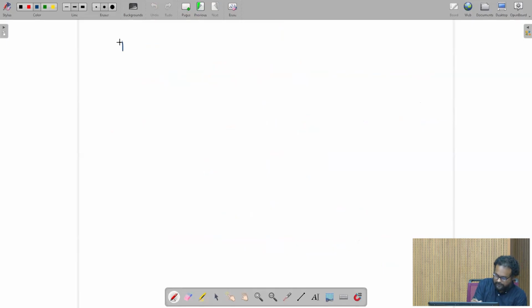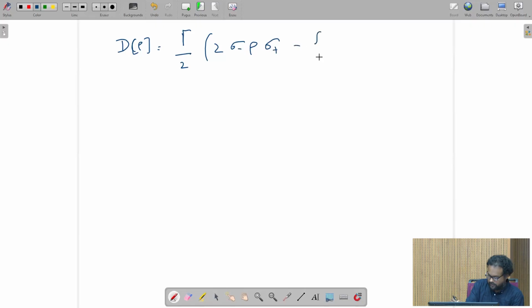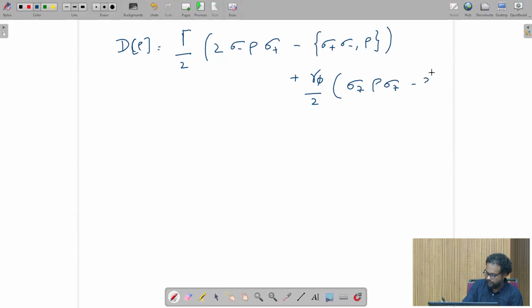Let's write down the dissipative term. It will be capital Gamma 2 times sigma rho sigma minus sigma plus, minus bracket, plus z rho z minus rho.